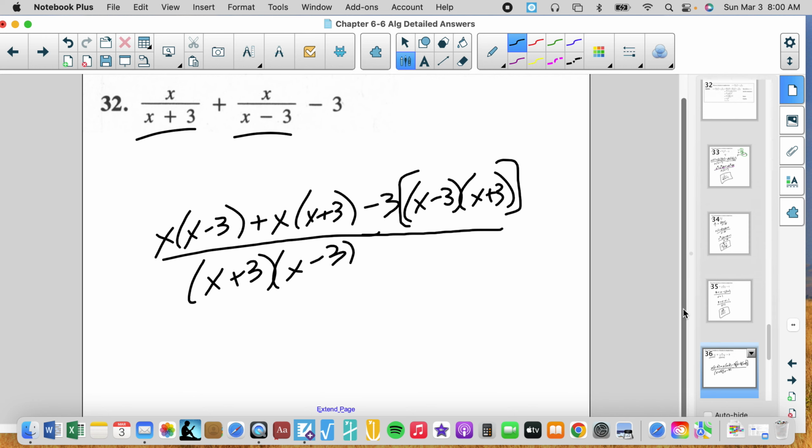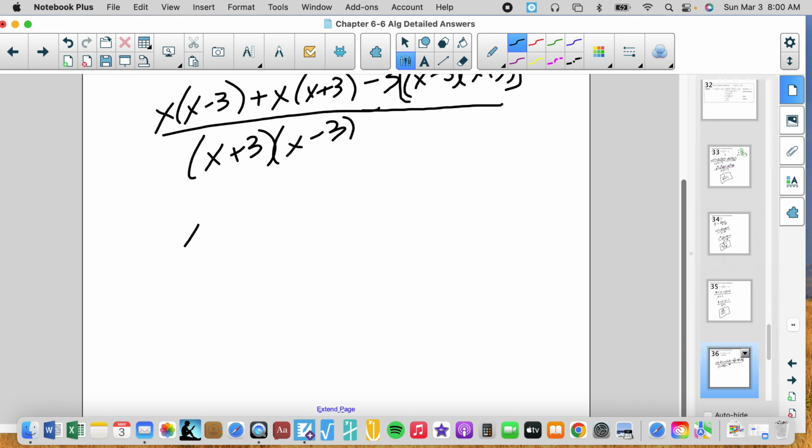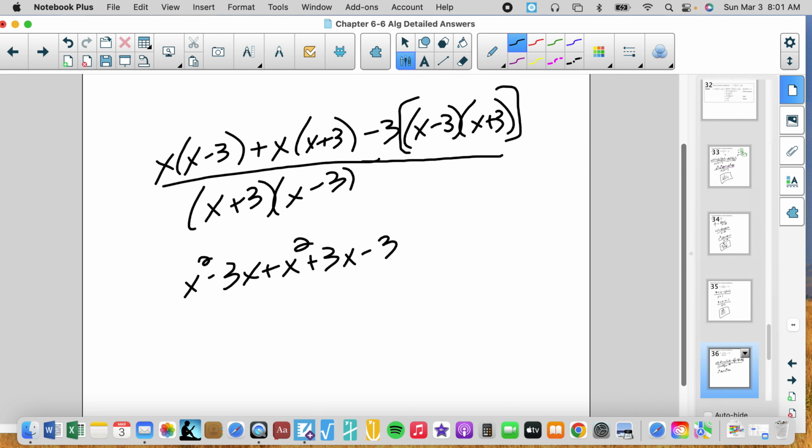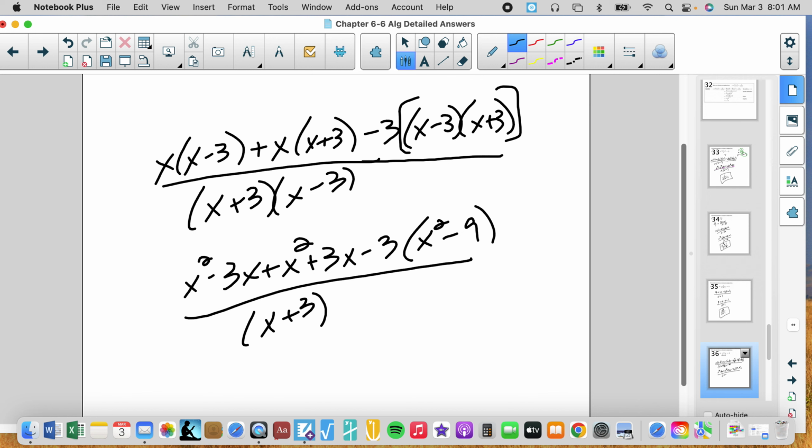Well, actually, I don't have to. We're going to get x squared minus 3x plus x squared plus 3x minus 3 times, that's conjugates, all over x plus 3, x minus 3.